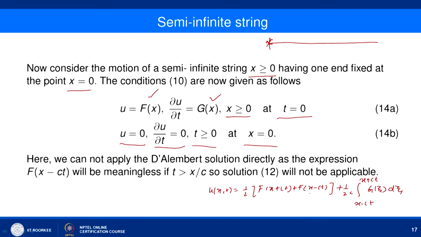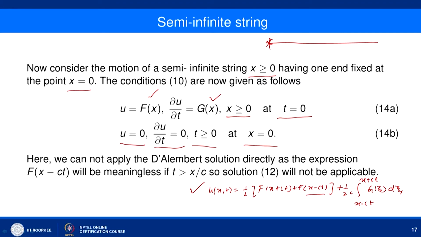If x minus ct is less than 0, this will not be defined. So I cannot use the D'Alembert solution for this semi infinite string right now. Let us modify our problem a bit such that I can apply the D'Alembert solution for this semi infinite string also.